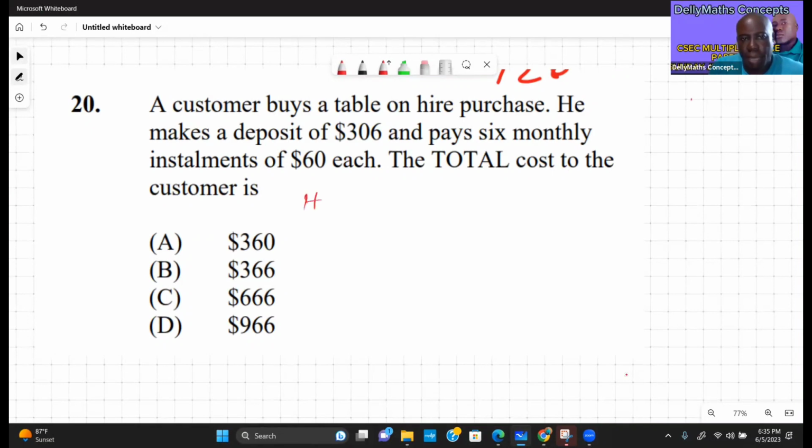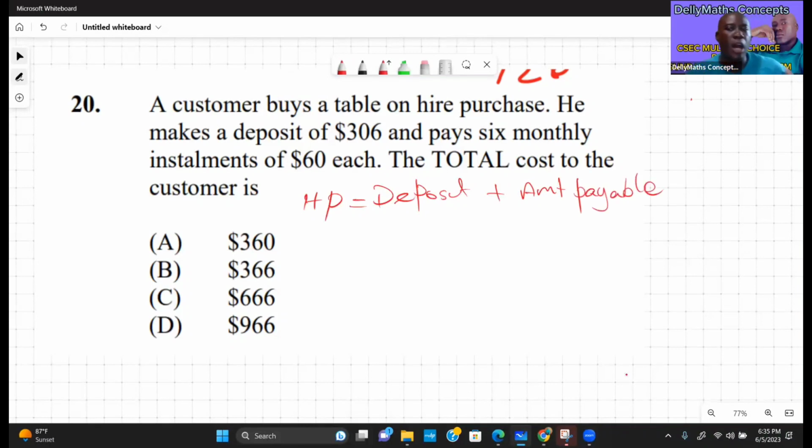What is hire purchase? I'm going to write HP. Hire purchase is your deposit that you make plus what they call the amount payable. Your amount payable is what you would have gone back to pay over a period of time.